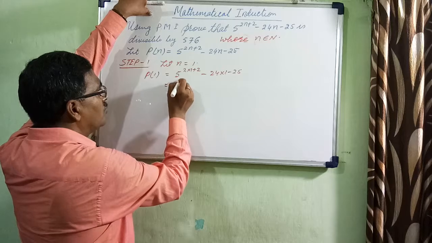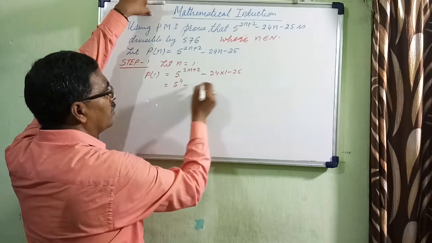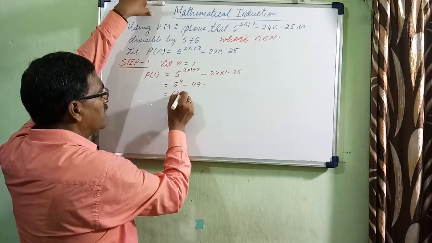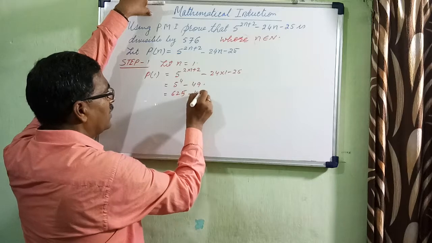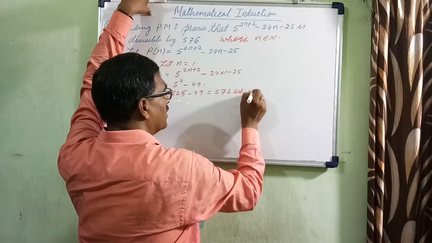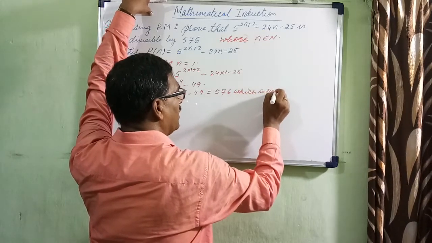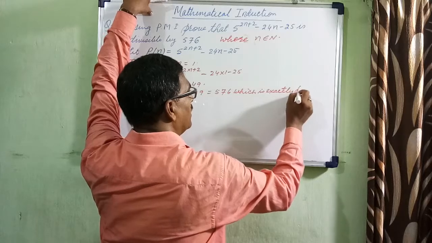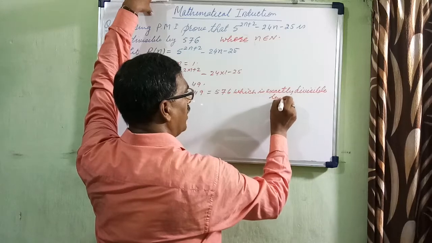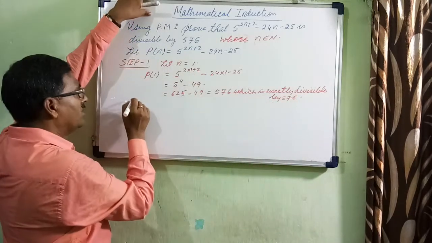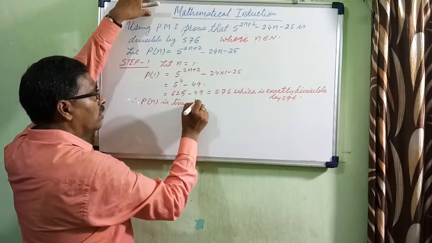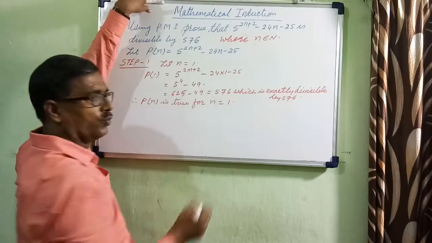That will be 5 to the power 4 minus 24 minus 25, that is 49, so it will be 625 minus 49 is equal to 576, which is exactly divisible by 576. So we can say therefore Pn is true for n is equal to 1.